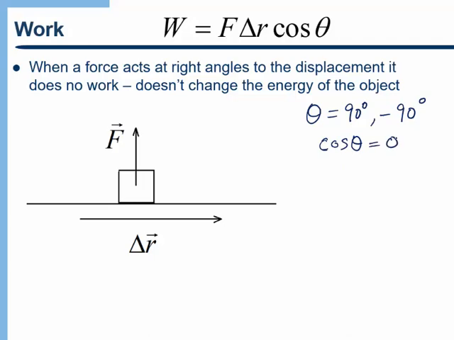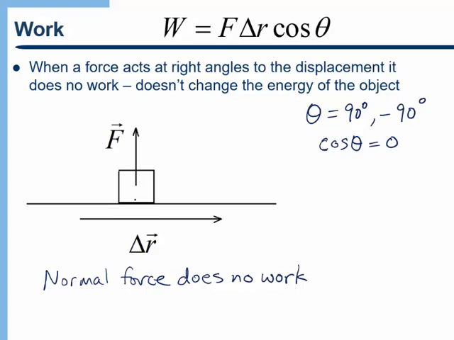So if the force is at right angles to the displacement, then it does no work. So think about this. Notice that the normal force does no work. And that makes sense. Just because an object is sliding along a surface, it's not like the surface is giving the object energy or taking energy away from the object. So it makes sense that the normal force doesn't do any work.